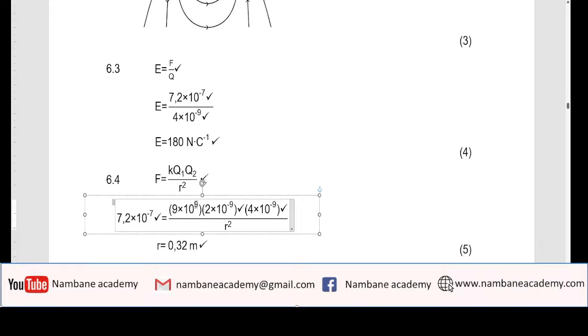And then 2 times 10 to the power of minus 9 times 4 times 10 to the power of minus 9 over r squared. And then I'm not sure if r is going to change if we change the value of that exponent. So can we just check there on the calculator?